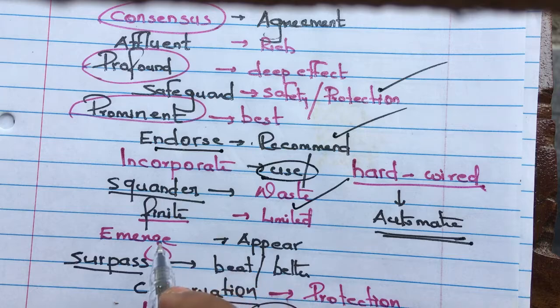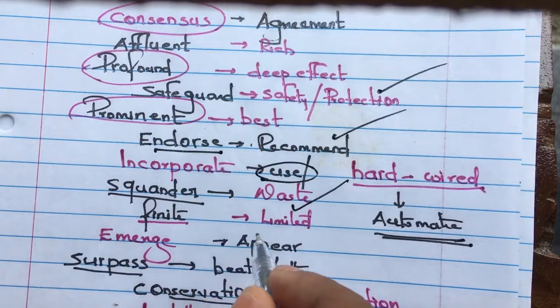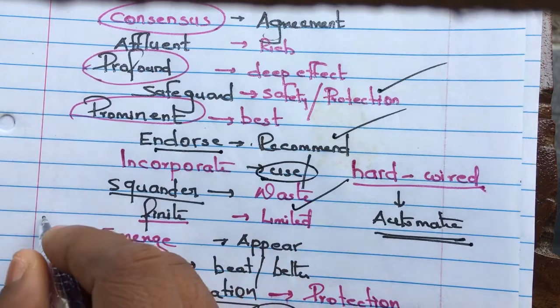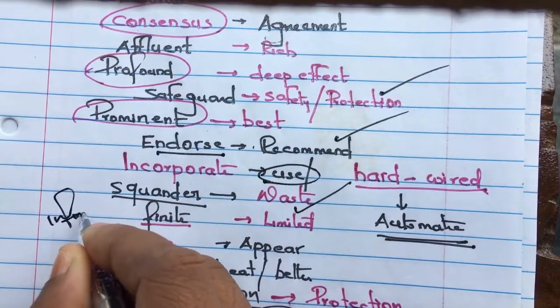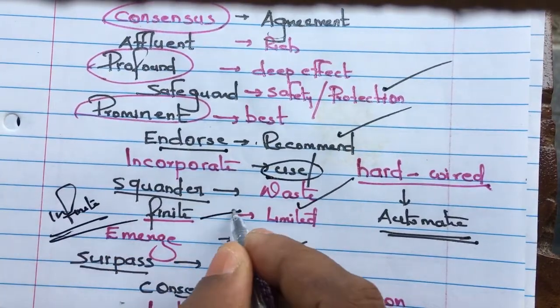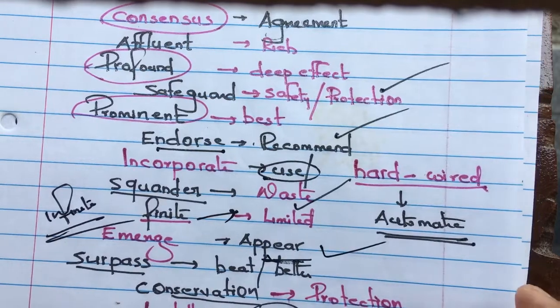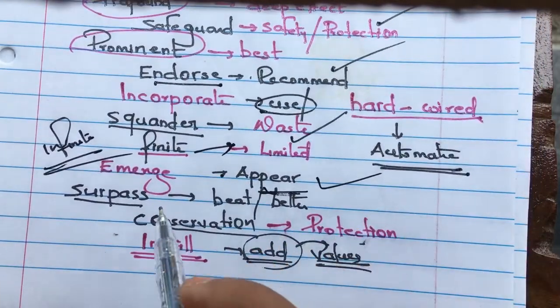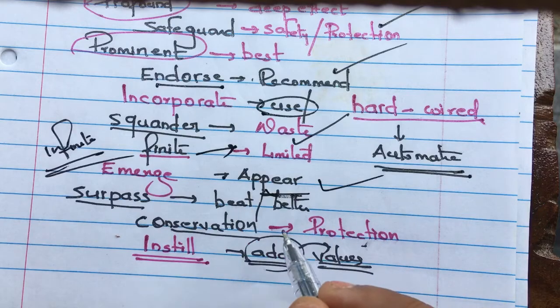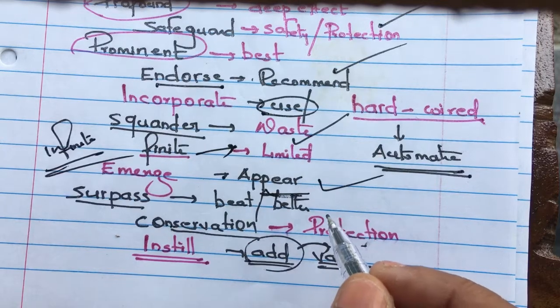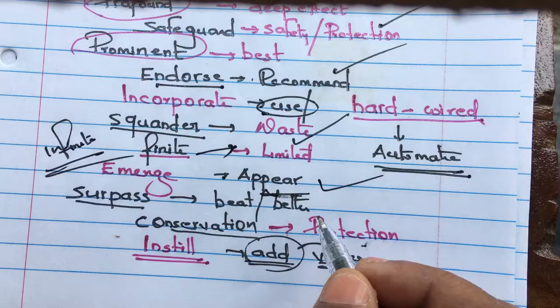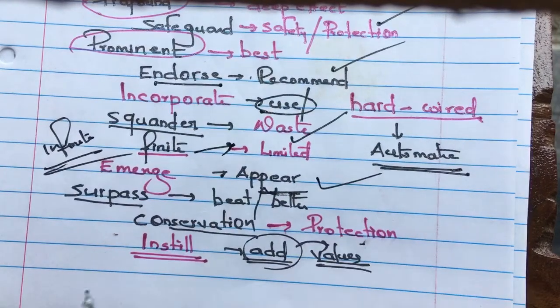Finite means kind of limited. We have heard the word infinite, and you can use finite as well. Emerge means appear. And then surpass: the boy surpassed him in running, or in his academics. He surpassed everything, that means he's better than anyone else.